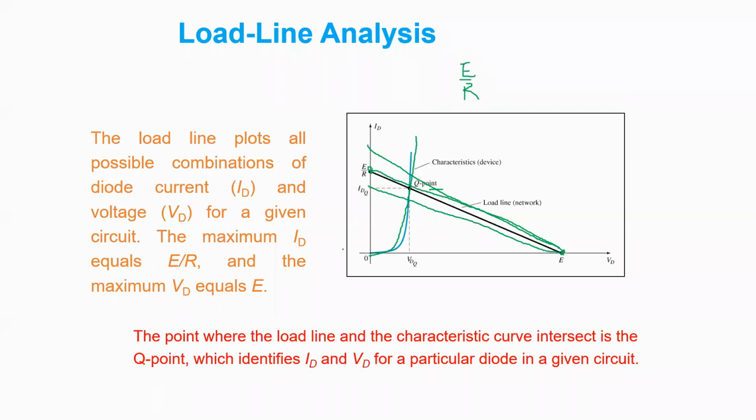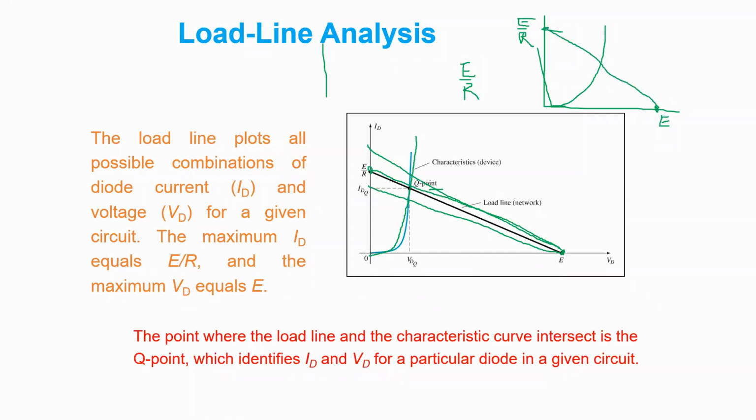So once again, I repeat this entire thing. What is the main point of discussion in this? That you are having your VI characteristics for your diode like this. These are your VI characteristics. And you have a particular potential E over which these characteristics are being made. So you are having this particular point E, and then your potential by resistance here, and then you join these 2.